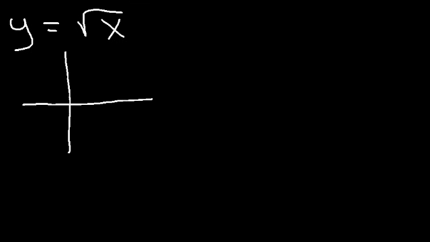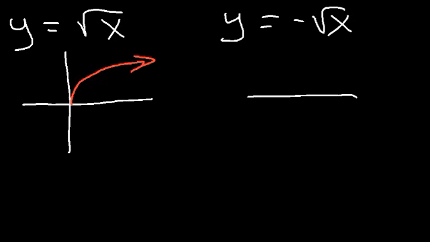Now, what about the square root of x? What is the domain and range for this function? So if you were to graph the square root of x, it looks like this. Now you need to understand the other transformations as well. Negative square root x, it reflects over the x-axis, and so it looks like this.